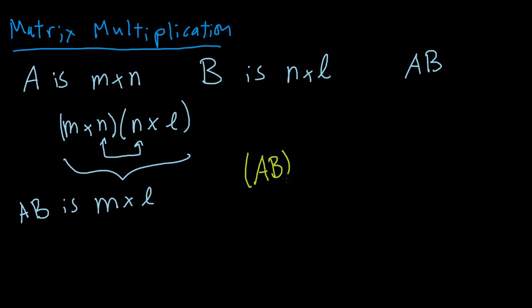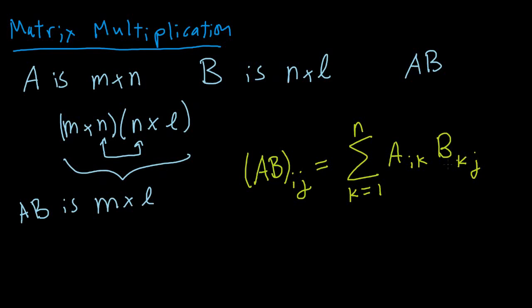The ijth component of AB is equal to the sum from k equals 1 to n of A_ik times B_kj.